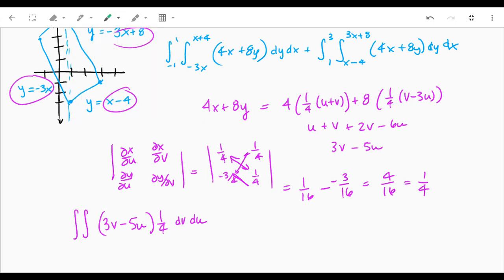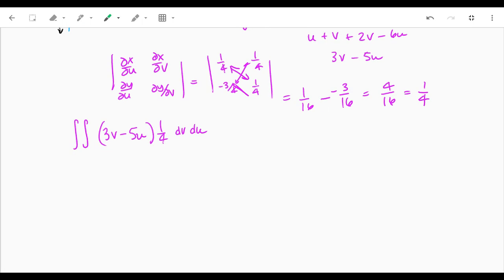So if we were along the line y equals x plus 4, well, x is 1/4 u plus v, and then y is 1/4 v minus 3u.